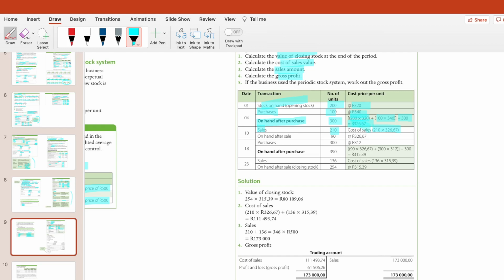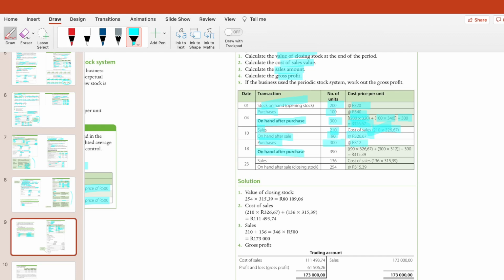Okay, over there. On hand after the sales, we subtract the 210 from the 300. We see the number of units are 90 on hand, and that is at 326 rand 67. We purchased on the 18th another 300 at 312. Now we work out on hand after purchase.